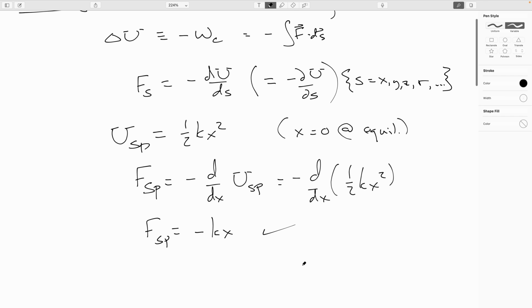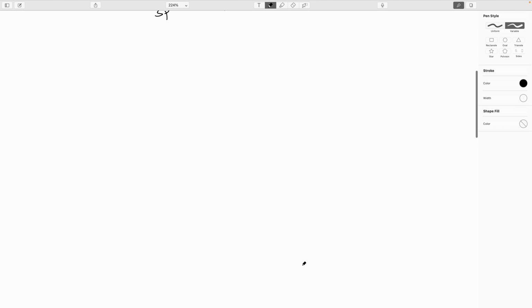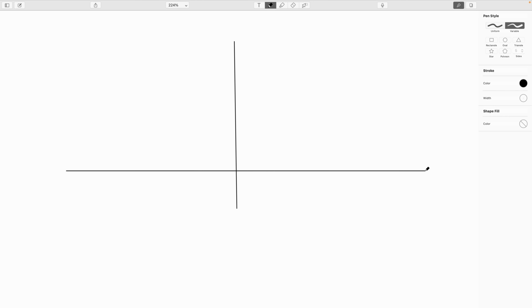But this also allows us to think about things graphically. So for instance, if I make a plot of the potential energy for our spring as a function of x, it's going to be some sort of parabola.